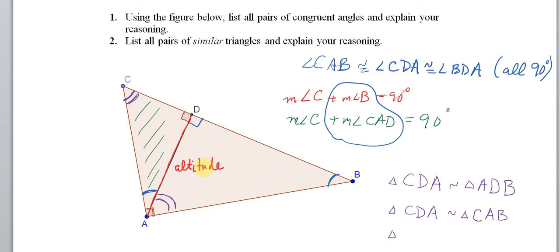And then finally, we can say that this medium one here and the big one are similar. So that would be triangle ADB is similar to triangle CAB. Okay?